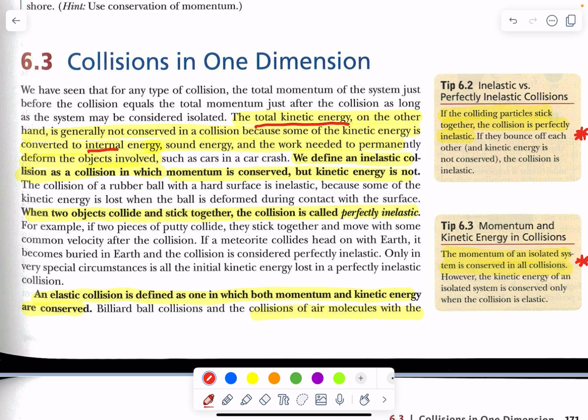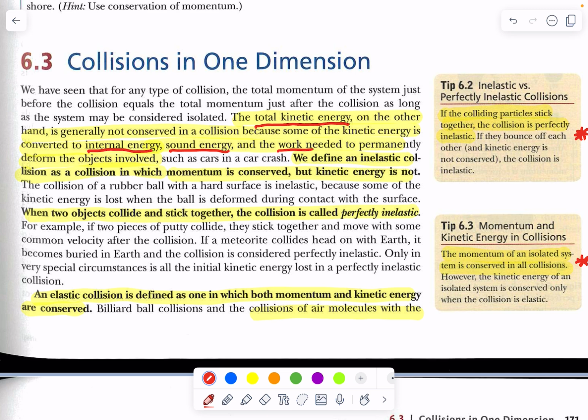And that internal energy would show up in the form of heat. Some of that lost energy can make a sound, like in a crash. And then some of that will go to the work that is permanently deforming, because it's an inelastic collision, permanently deforming the object, be it the car or something else.